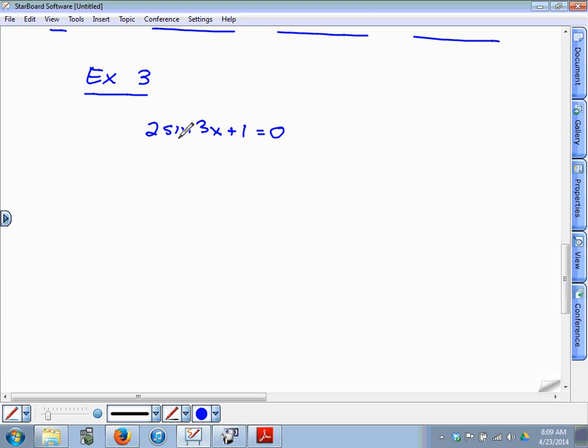This one isn't going to involve an identity because we don't know an identity for the sine of 3x. So the point here is just to isolate the trig function, use inverse trigonometry to get rid of the sine function, and then we can isolate x by dividing by 3. So, subtract 1, divide by 2, and you get sine 3x equals negative 1/2.